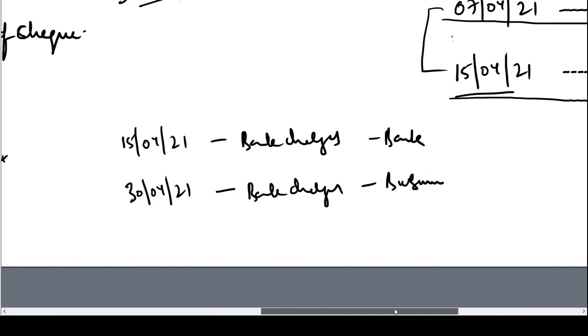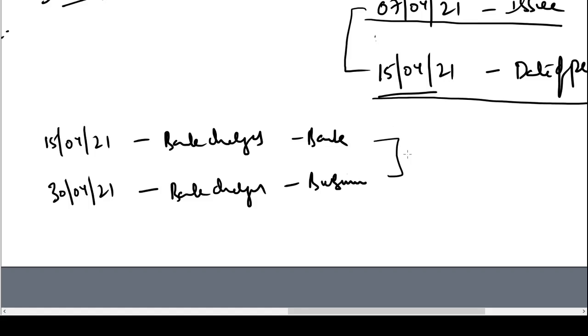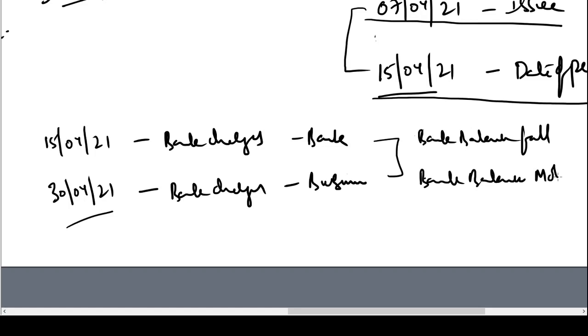So what will happen in this interval is, because on 15th April the bank has already charged some bank charges, my bank balance will fall, whereas my bank balance as per my books will fall only on 30th April. So up to 30th April my bank balance will be more as per my books, but as per the books of the bank the balance will be less because they have charged bank charges. So there can be a difference.